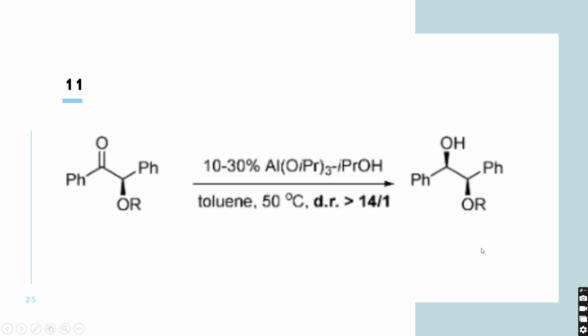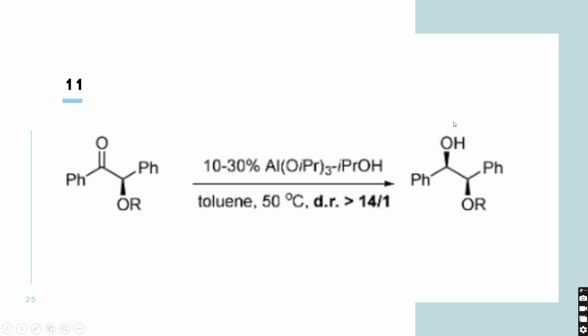Now another question where you have a ketone which is containing an alkoxy substituent at the alpha position, and we have to treat it with aluminium isopropoxide in presence of isopropanol in toluene solvent at 50 degrees Celsius.